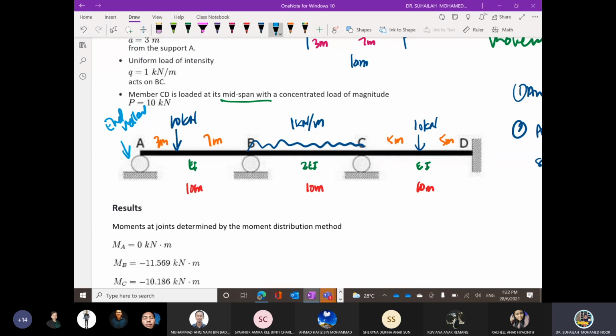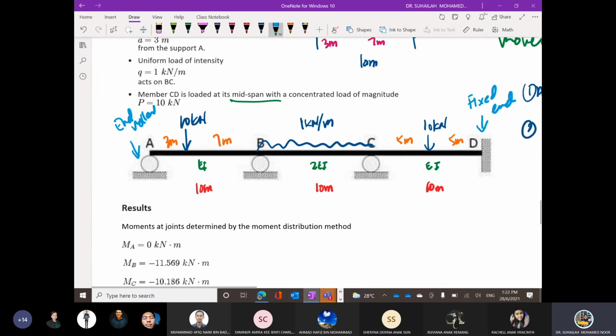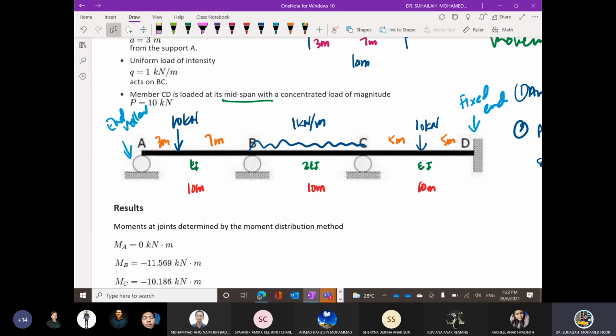So the far end for AB is roller, and B and C is internal member. So for K, we need to use 4EI over L. And then for CD, we need to refer to D as the far end, and it is fixed end.